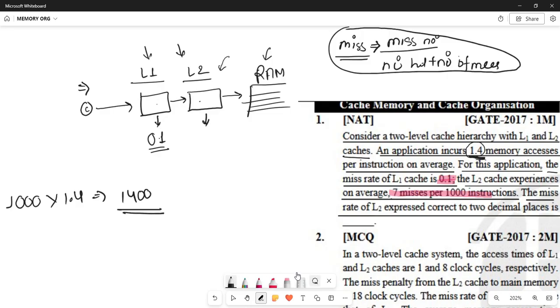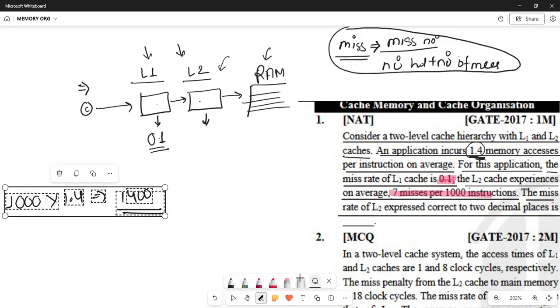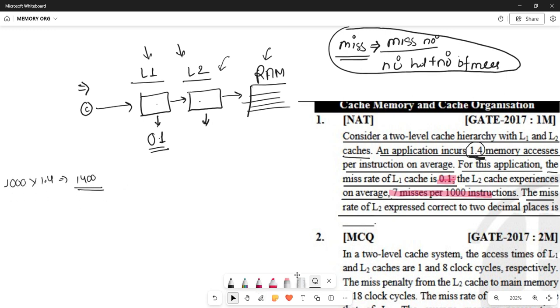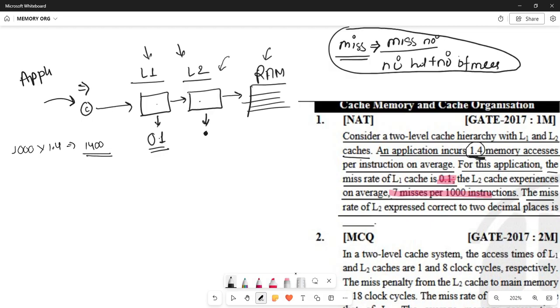Sorry, these are the number of memory accesses that will be needed. No problem. Now we need to find the miss ratio of L2. Let's say the application is loaded right here.